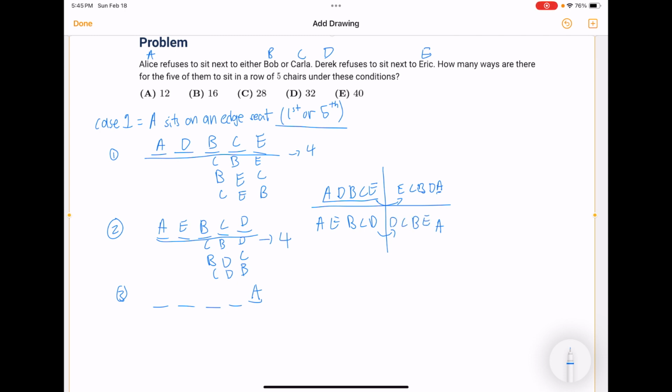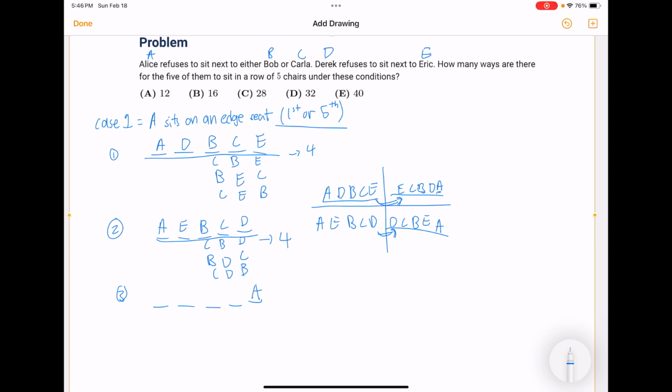So now we see that when you imagine it flipping over the y-axis, the new combinations when A is in the last chair would all still satisfy the requirements in the question. So now we see that there are the same amount of arrangements for when A is in the first chair as in the last chair.